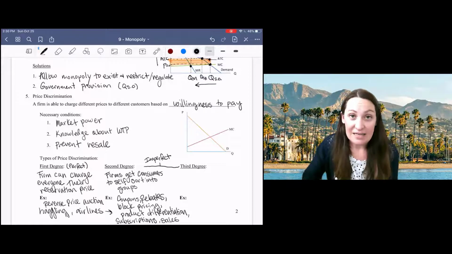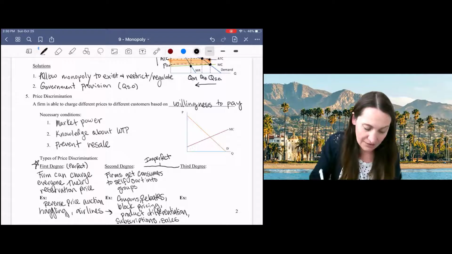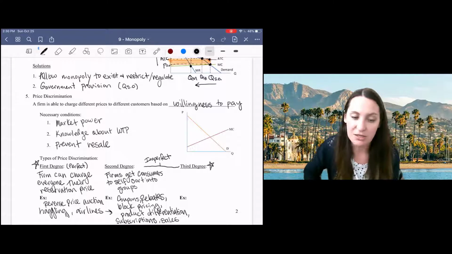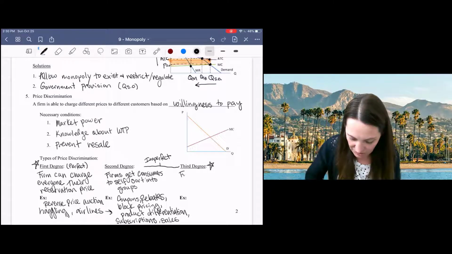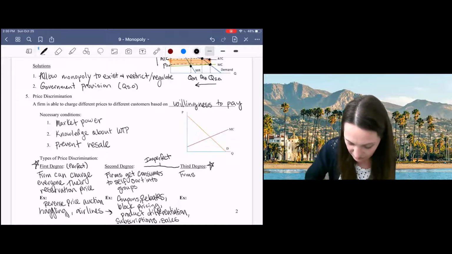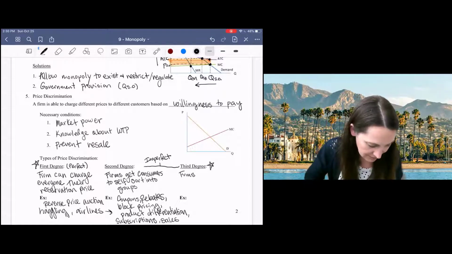For the purpose of this class, we're actually going to focus most on first degree and third degree price discrimination, where firms are charging different prices to different groups of consumers based on observable characteristics.